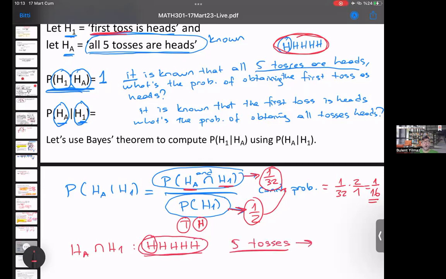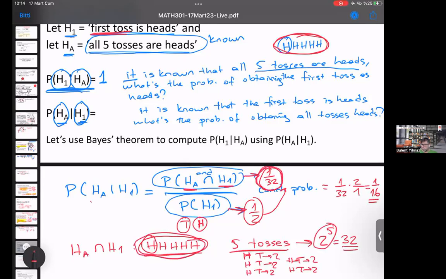How many different options do I have when I toss a coin 5 times? 2 to the power 5, which is 32, because each time it is heads or tails. So this is 1 out of 32.